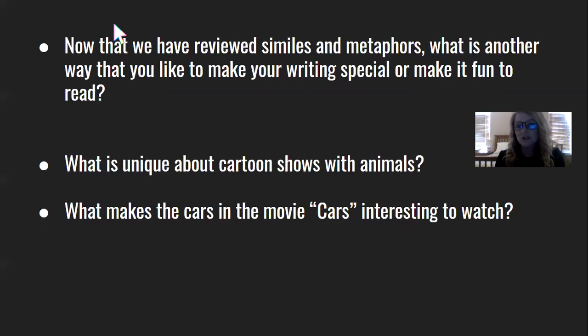And the third question, just to kind of get your brains going. So what makes the cars in the movie Cars interesting to watch? Would it be interesting if those cars just drove around town? Just drove around on the roads? Would that be an interesting movie to watch? Just something to think about before we jump into our next slide.